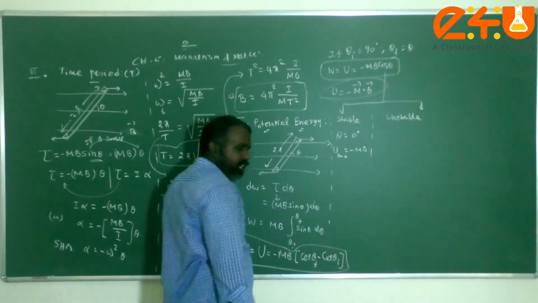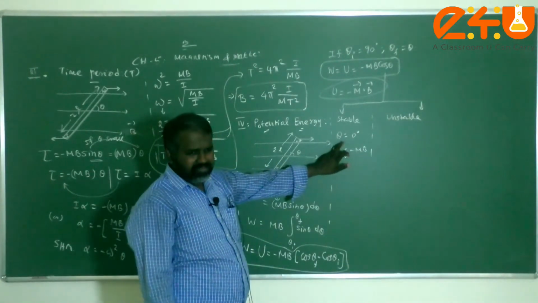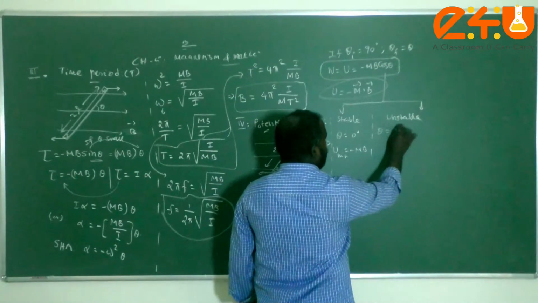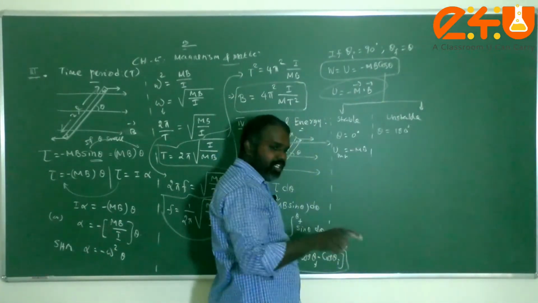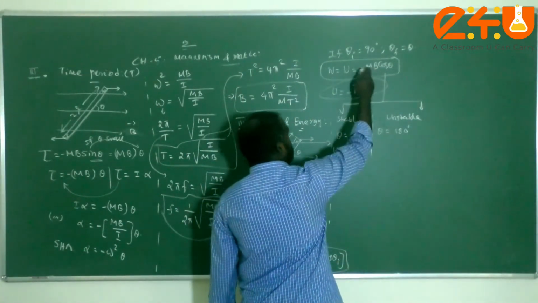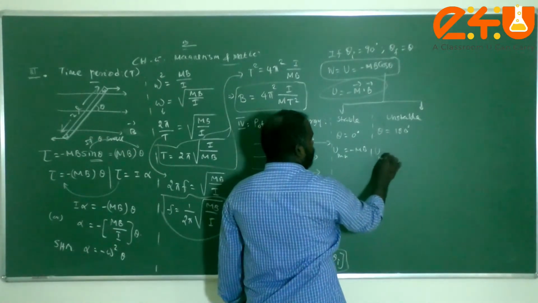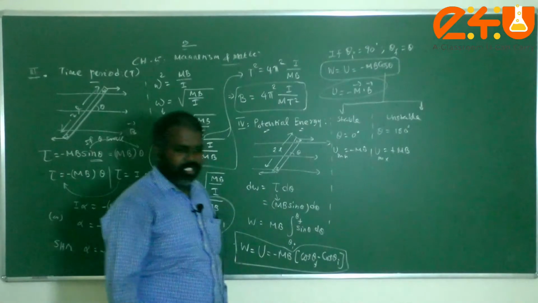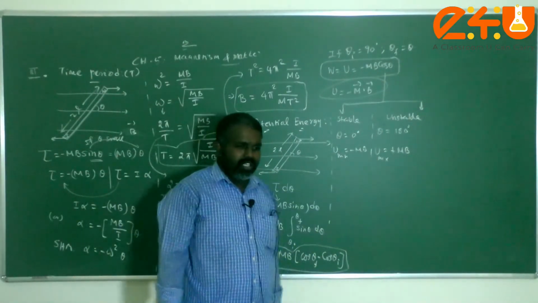This is the condition for stable equilibrium. If theta equals 180 degrees, cos 180 is minus 1, and minus into minus becomes plus. Therefore U maximum equals plus MB. The maximum potential energy corresponds to unstable equilibrium.